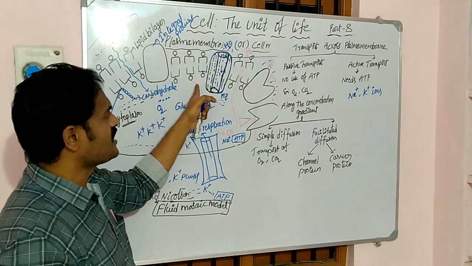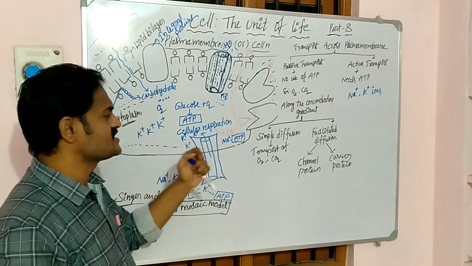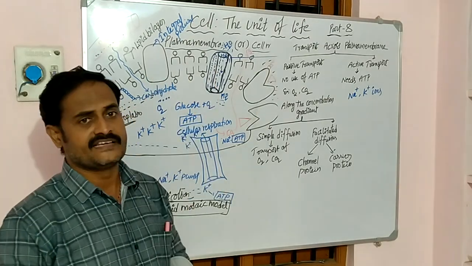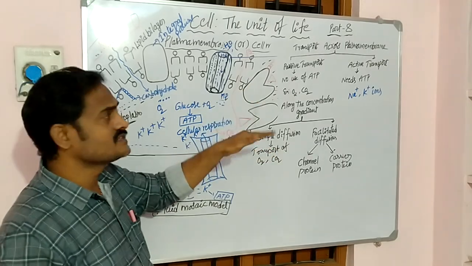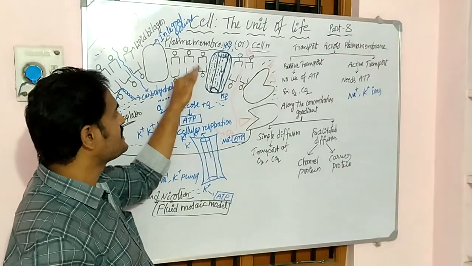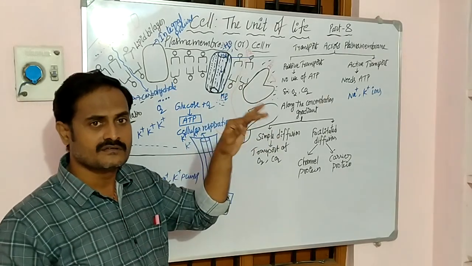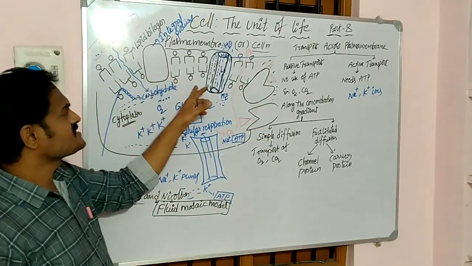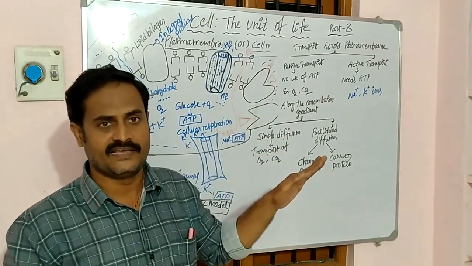Integral proteins, channel proteins, carrier proteins and sodium potassium pump proteins. All these proteins are bobbing in between the lipid bilayer like waves.